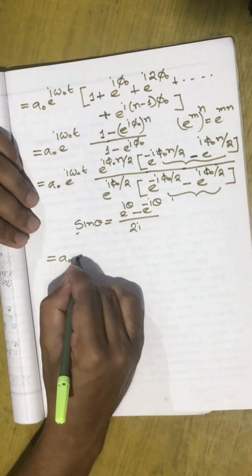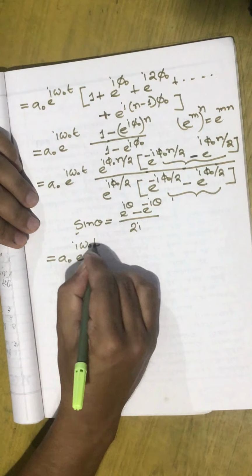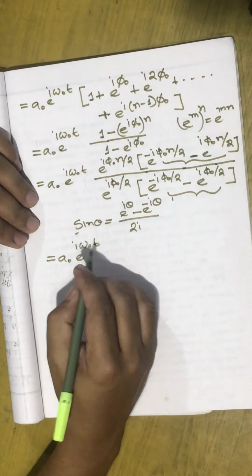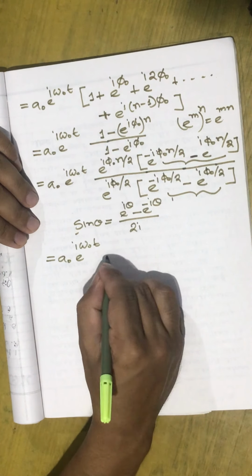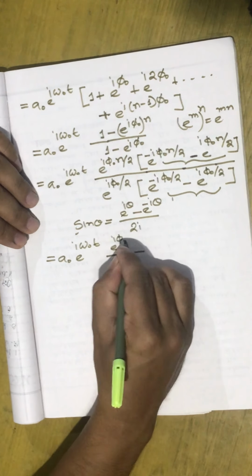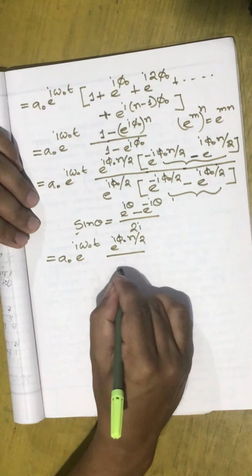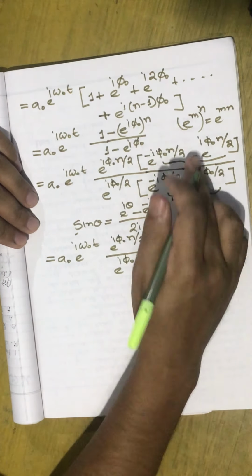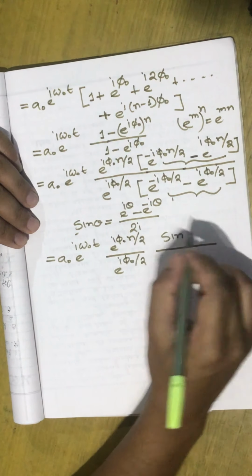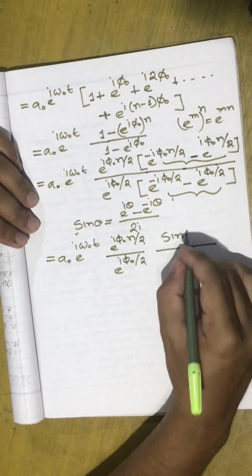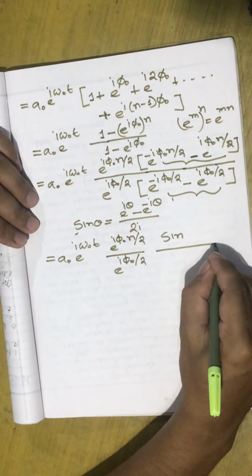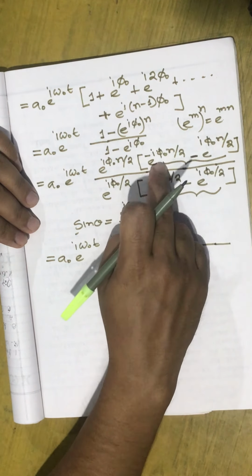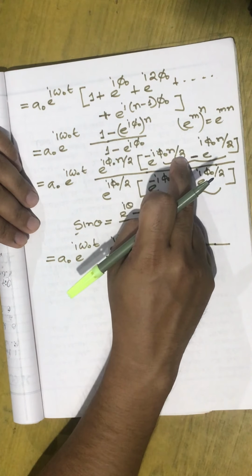A naught e to the power i omega naught t, so e to the power i n phi naught divided by 2 minus e to the power i phi naught divided by 2. So this thing we can write as sine of theta. What will be the value of theta here?